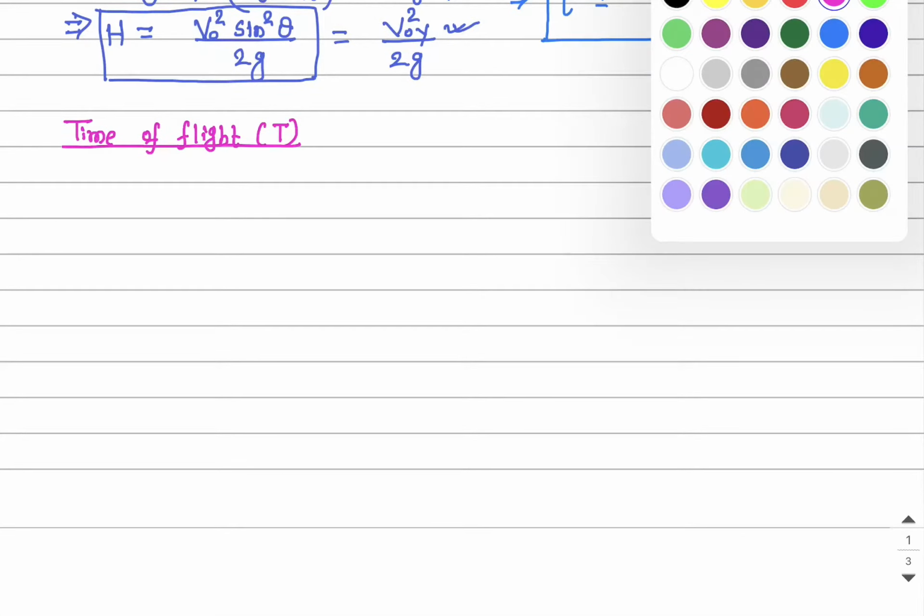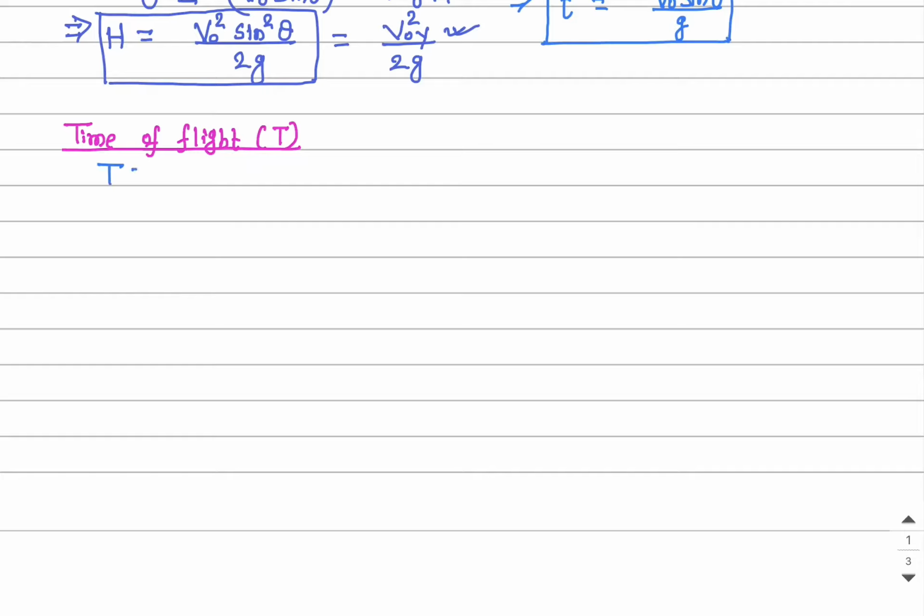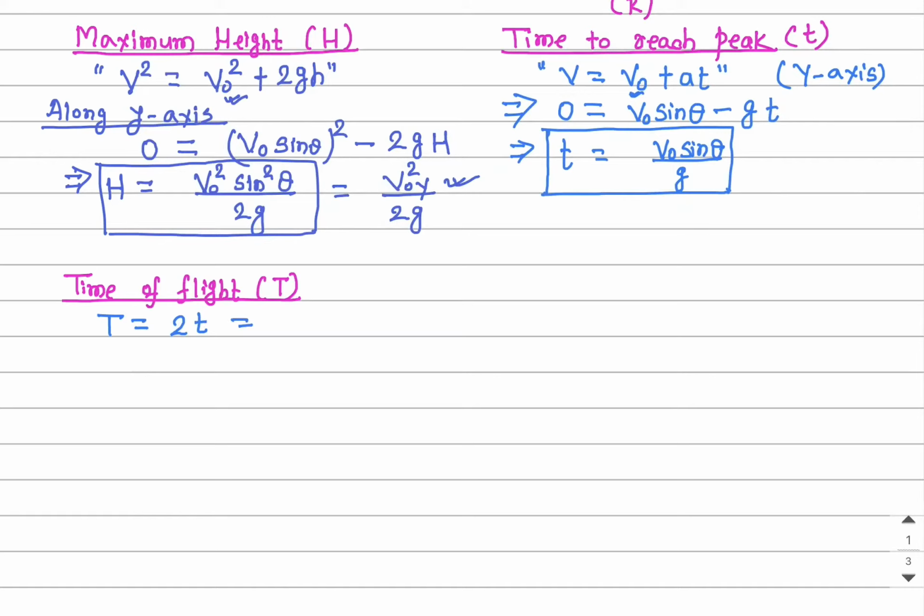It takes exactly the same amount of time to go from the peak to the ground. So the time of flight, T, is exactly equal to twice the time to reach the peak, 2 times t. We already calculated this, v0 sine theta over g, so this would be 2 v0 sine theta over g. This is the time of flight.